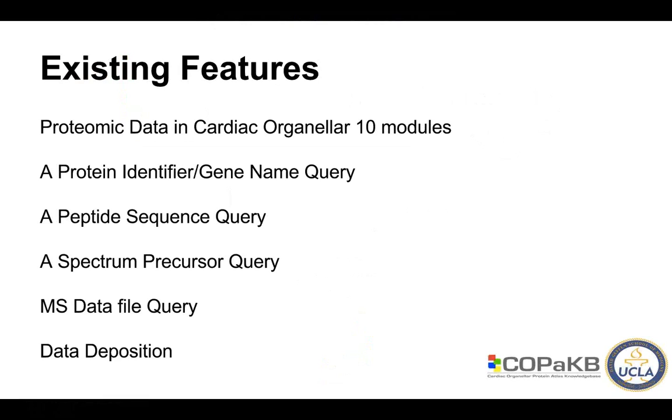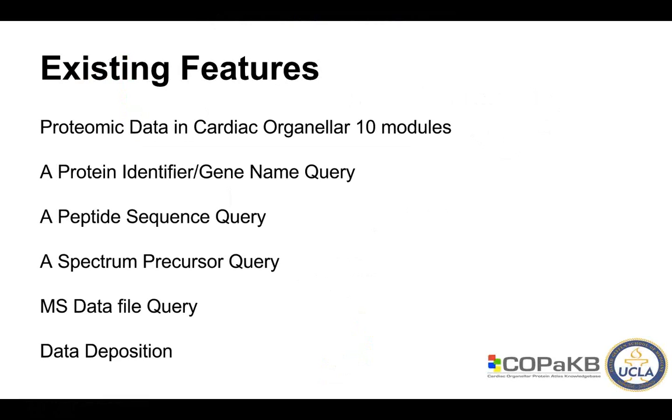I'll first go over some of the existing features that we have. Currently COPaKB features high quality cardiac proteomic data of 10 modules spanning multiple species and organelles within each species.